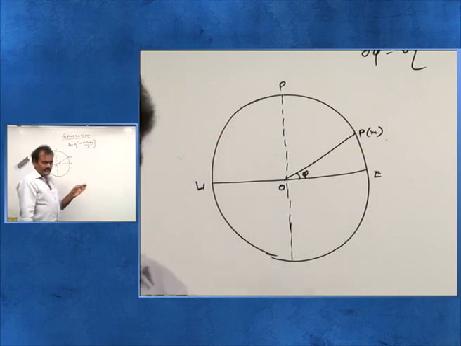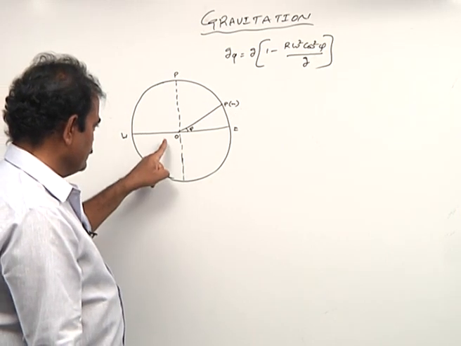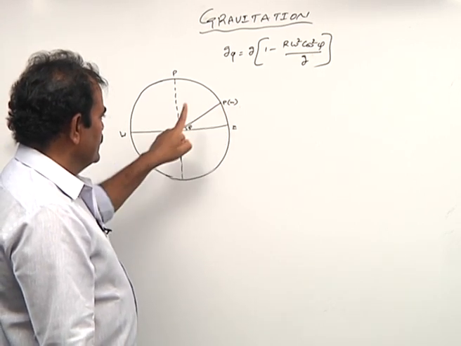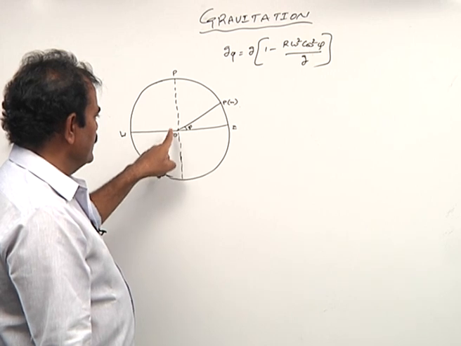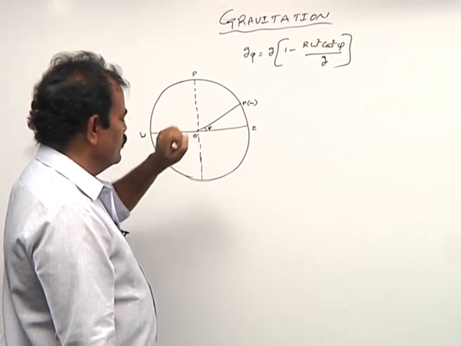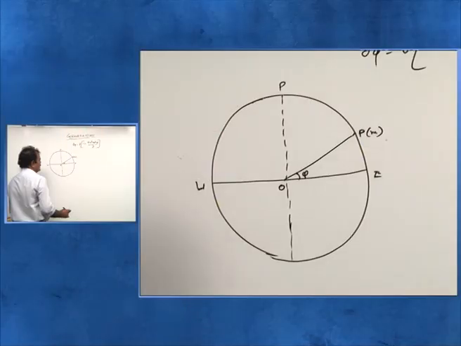So once again I define latitude. It is the angle made by the line joining the center of earth and the particle with the equator, that is known to be the latitude. So here phi is the angle with the equator.